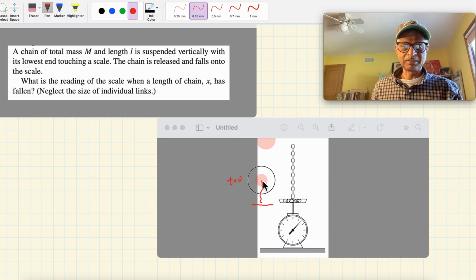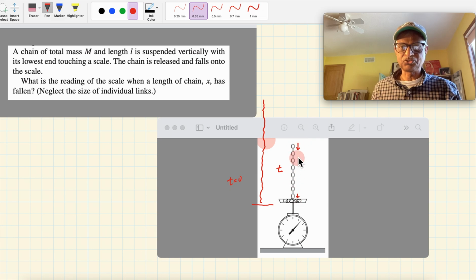The chain is like that at t equal to 0, and at some time t, some has fallen, and this part is falling, and this chain is going to fall at the same rate as these guys. The entire chain is straight while it's falling. It's not crumpling around.